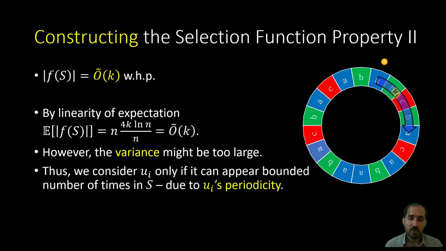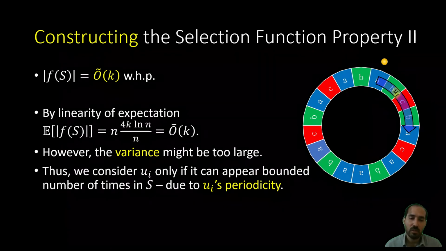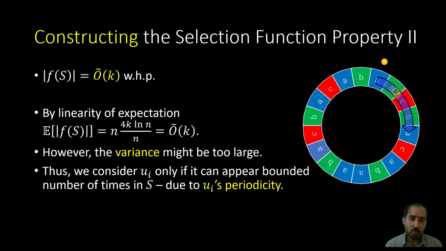The problem could occur if there is some string that appears too many times, and therefore it affects the size of the selected position set. Therefore, we consider just strings u_i that cannot appear too many times.